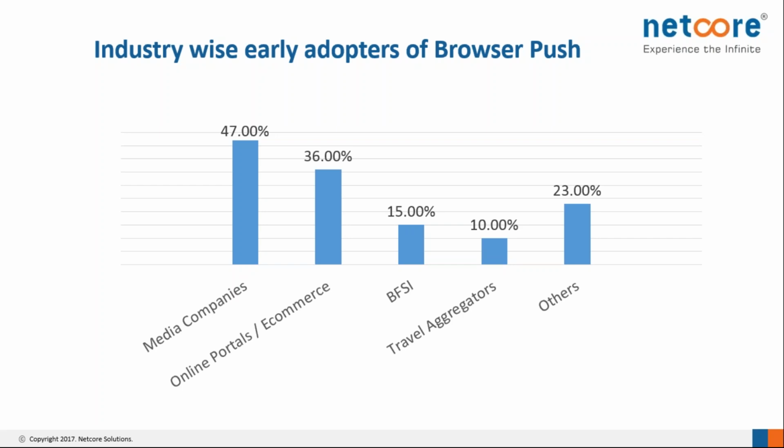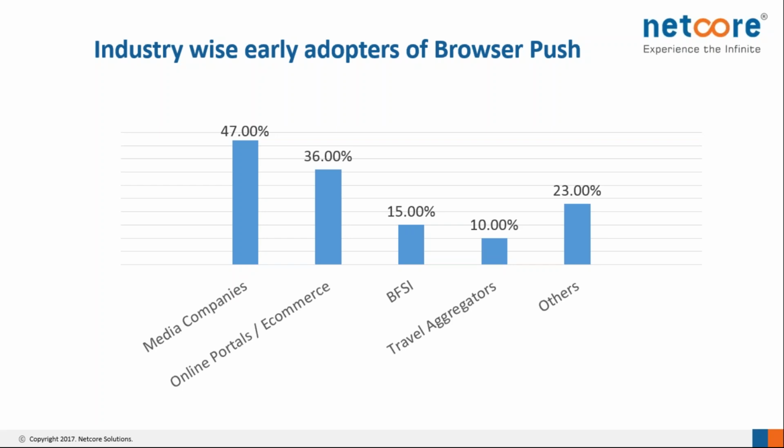So we started off with browser push notification. Now we have evolved to a pictorial kind of browser push notification. We have also evolved to a double action button browser push notification. As I said, we normally promote our products, our features, and various webinars that we conduct for our customers.